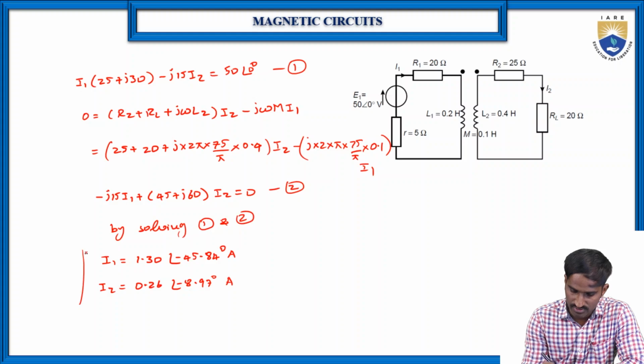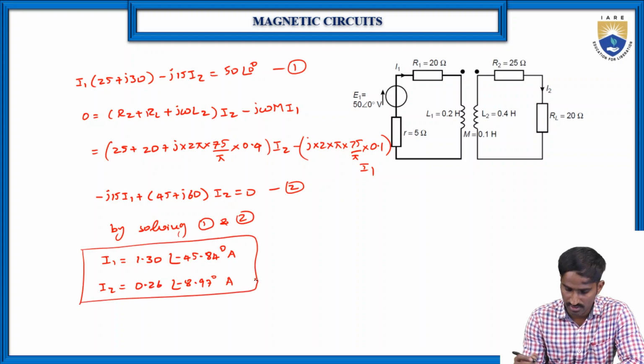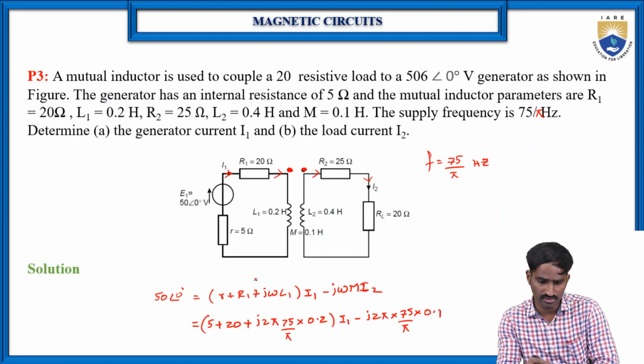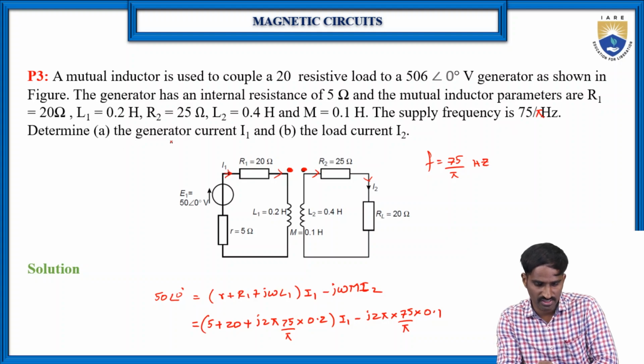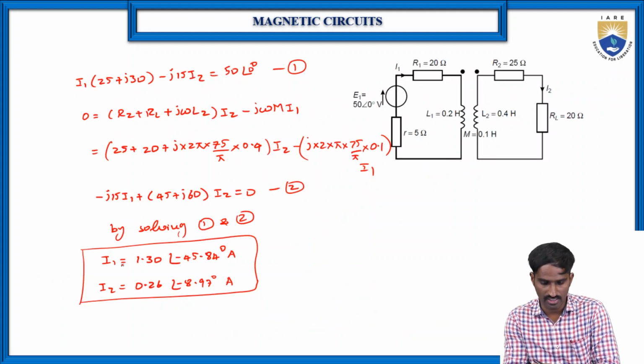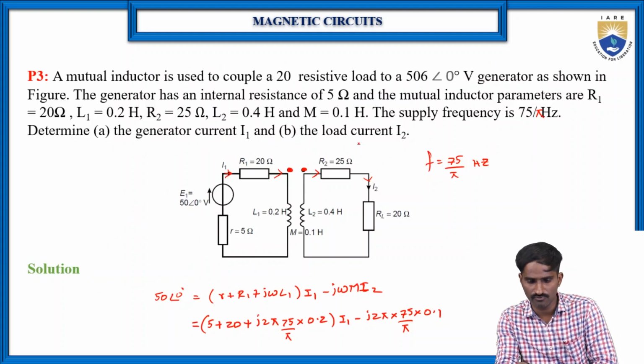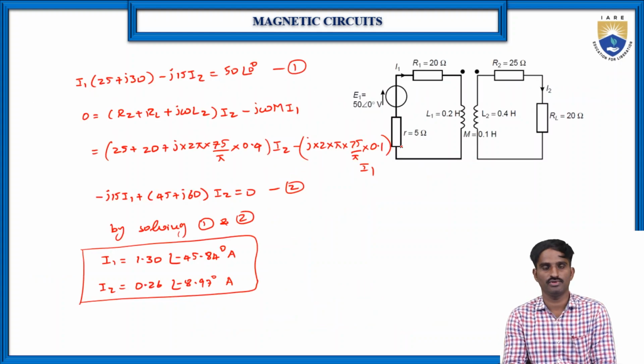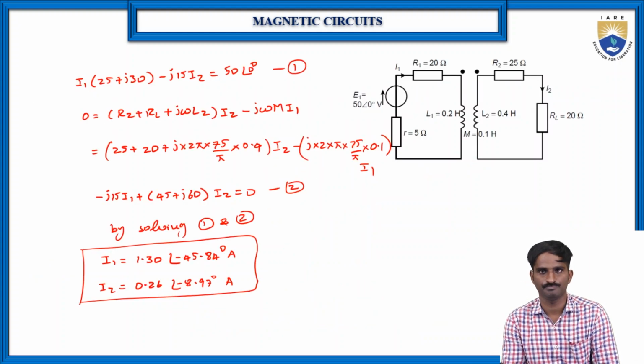What they asked us to find, first, is to determine the generator current I1, which we have calculated, and the second one, I2. Both we have calculated. So this is how we can find the value.